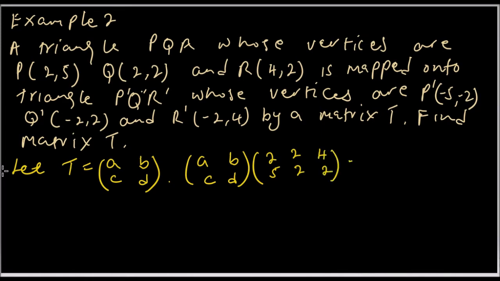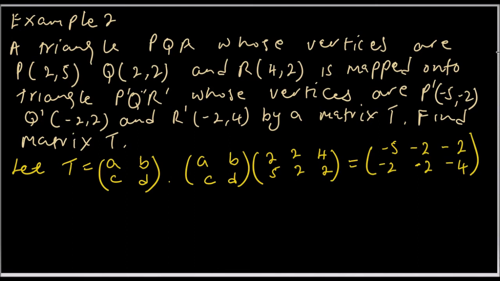We should get the matrix formed by the vertices of the image, which is -5, -2, then -2, -2, and -2, -4. If we multiply that and form the linear equations, and solve for A, B, C, and D, then we have obtained the matrix of transformation, or the matrix T.